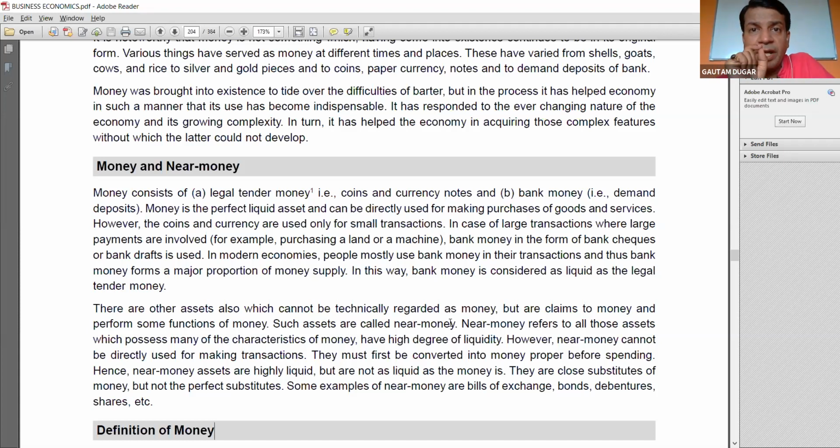That is, it can be withdrawn at any point of time on demand. You can withdraw that money by way of checks. So demand deposits are also as good as money in terms of M1. But we know for the M2, M3, M4, we also include the time deposits, which are nothing but the FDs and the recurring deposits. So in this portion, money and near money is a given.